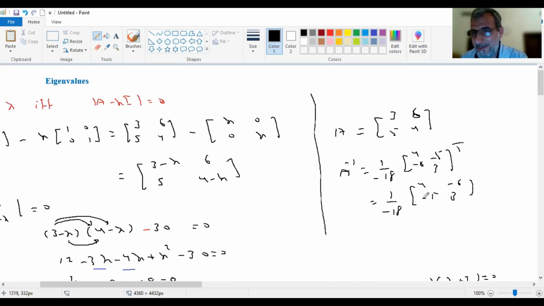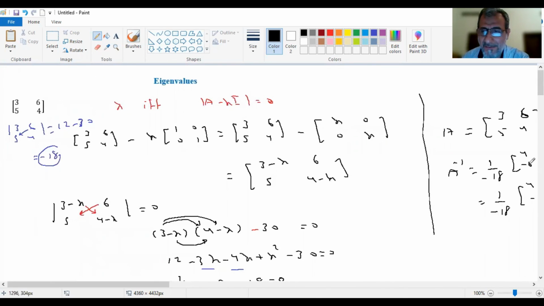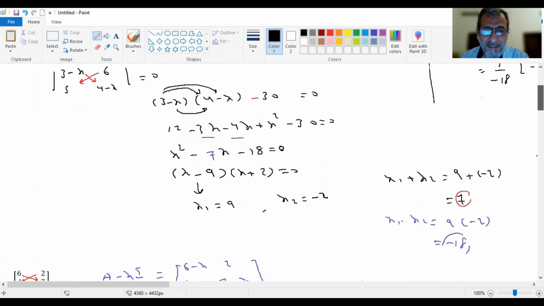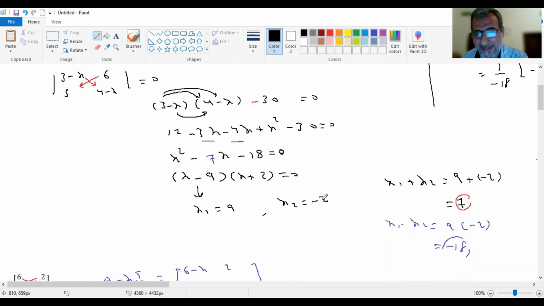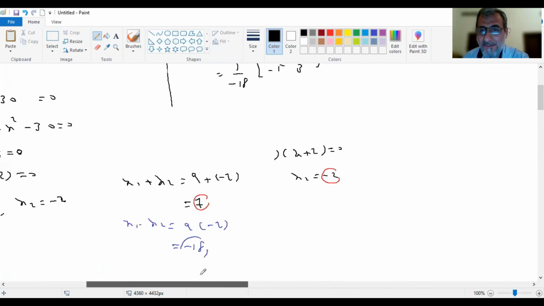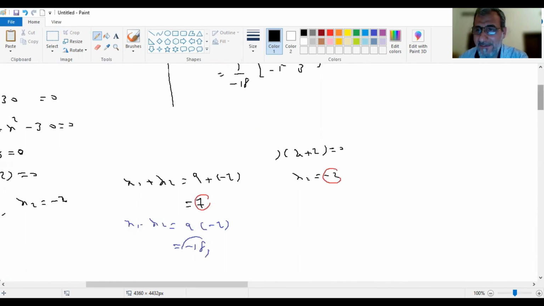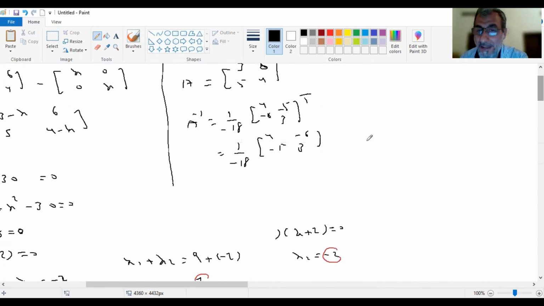What about the eigenvalues of this one, of the inverse? What is the eigenvalue of A? The eigenvalues of A, here what we said? We said 9 and negative 2. So what about the eigenvalues of the inverse? The eigenvalues of A inverse will be 1 over 9 and 1 over negative 2.